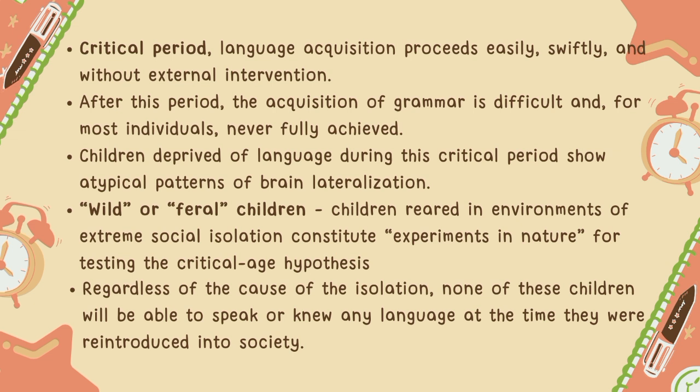These children often lack exposure to language during the critical period, providing unique insights into the effects of missing this crucial window. No matter the reason for the isolation, whether being lost, abandoned, or raised in extreme neglect, it has a profound impact on a child's ability to learn language.